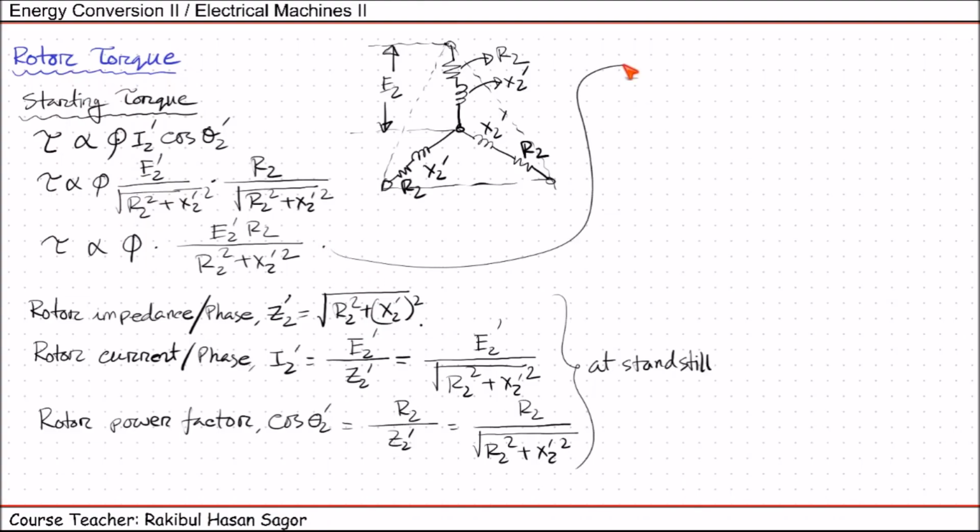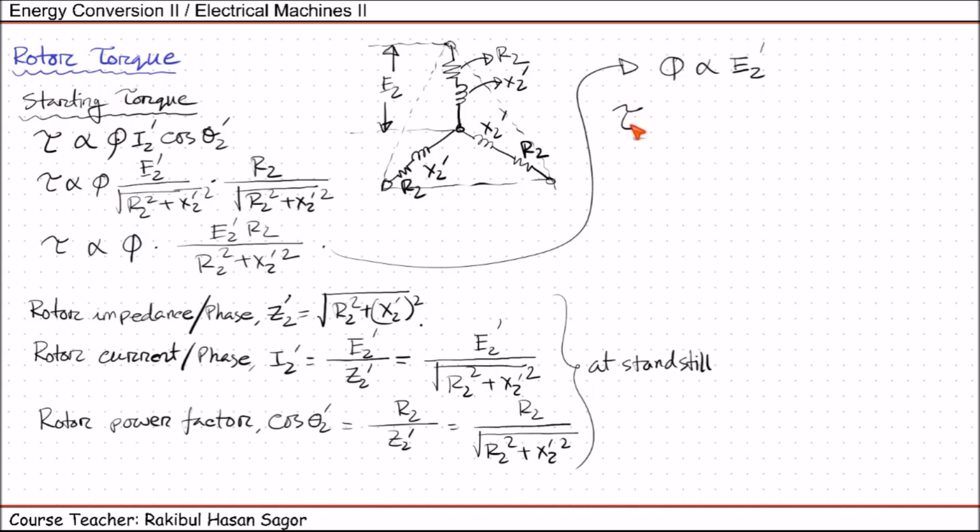From here, let's come here. This phi is directly proportional to the E2 prime. Why? If you increase the magnetic flux, the induced EMF in the rotor side will be increased for the same amount of rotation. If you reduce the magnetic flux, the induced EMF in the secondary side will also be reduced. So we can say phi is directly proportional to E2 prime, that means induced EMF in the rotor side at standstill.